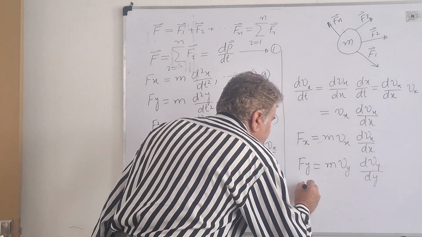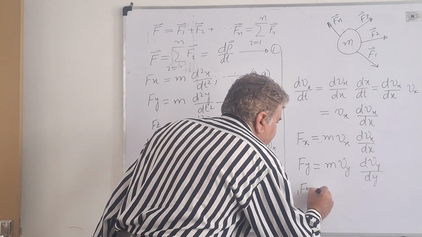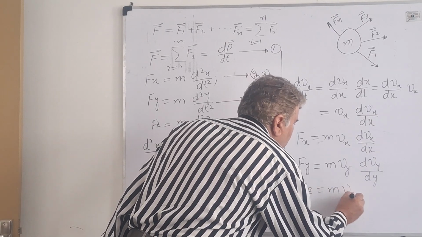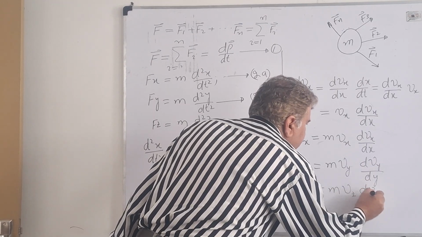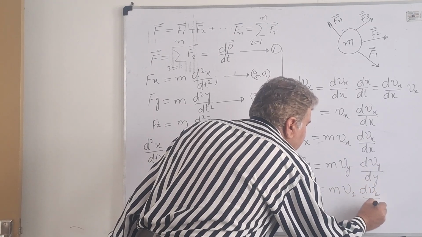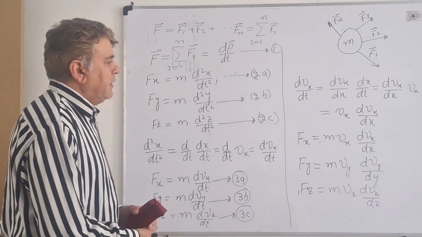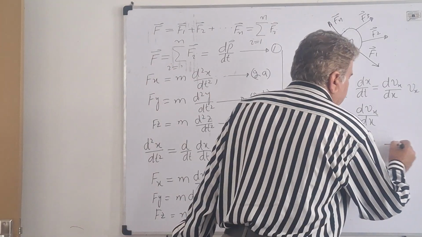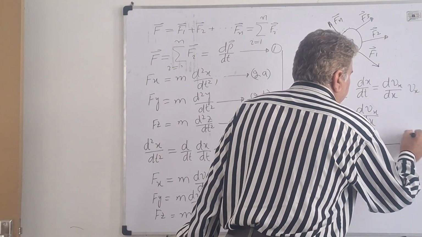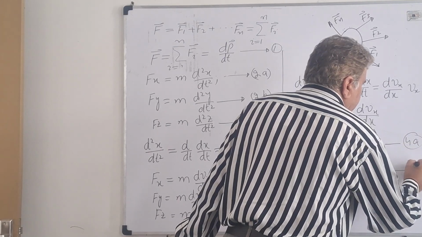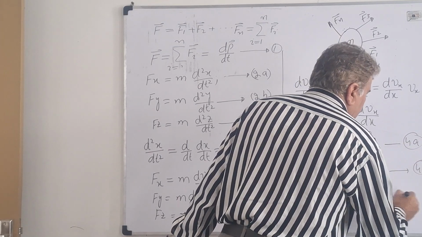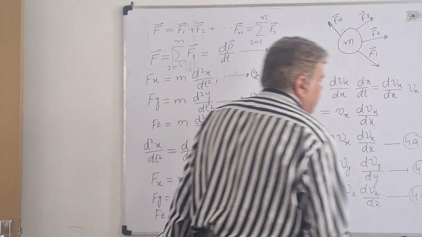Similarly for the z component, I can write m vz dvz over dz. I call this equation 4a, this equation 4b, and this equation 4c.